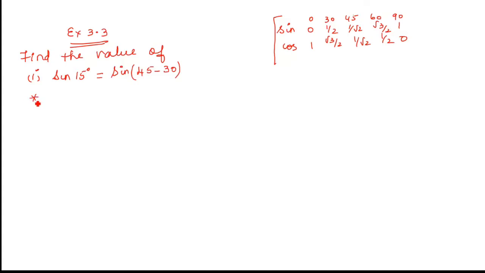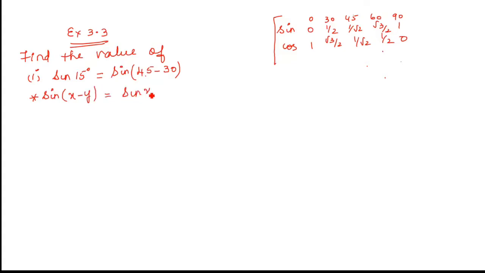So let us write that formula. Wherever I am using a formula, remember to put a star and note down that formula. Okay, so we'll use the formula sine x minus y. What is the formula?